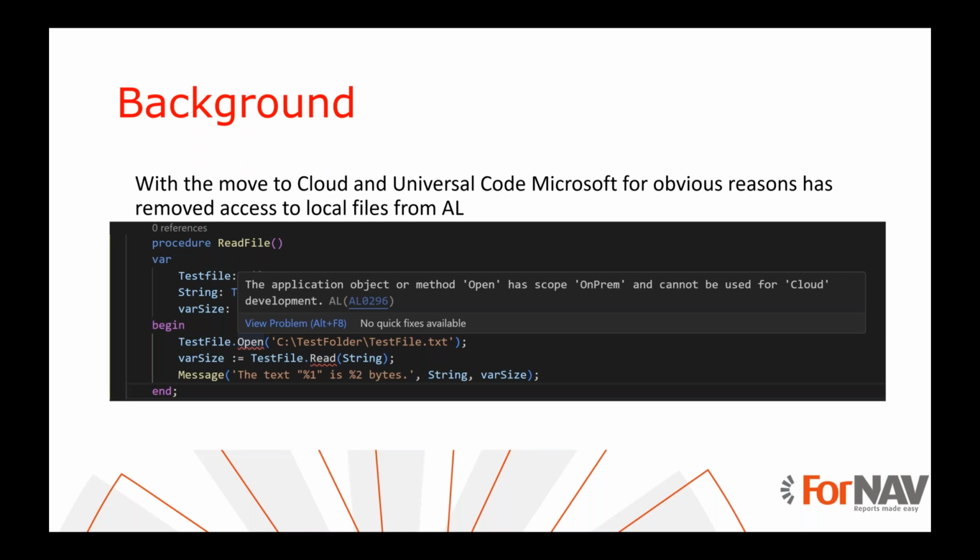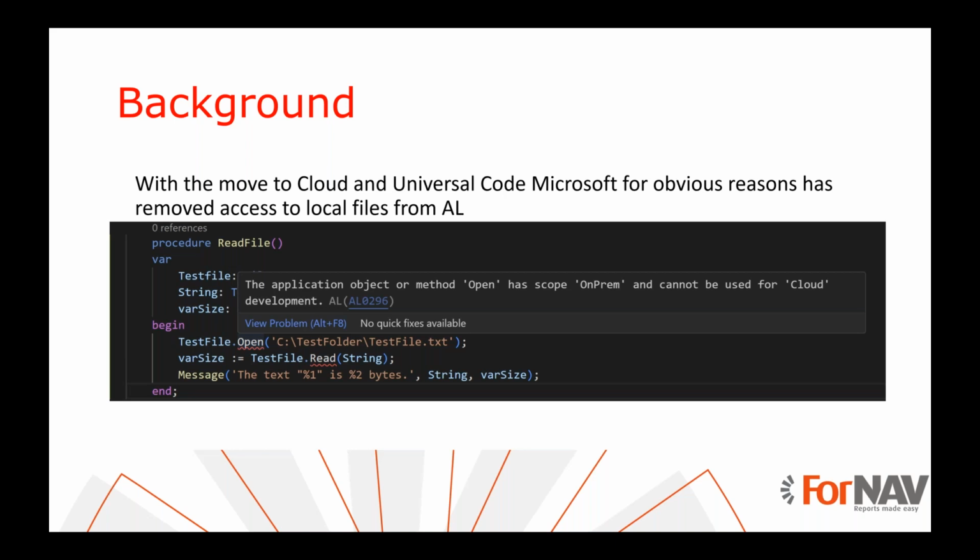But since BC 22, I believe, it's also been impossible to use this on-prem. That means in a lot of scenarios where you have hybrid solutions, where you have BC and maybe something in the cloud and also some old on-prem solution, you still need files. Files have been there for many years and they will still stick around.